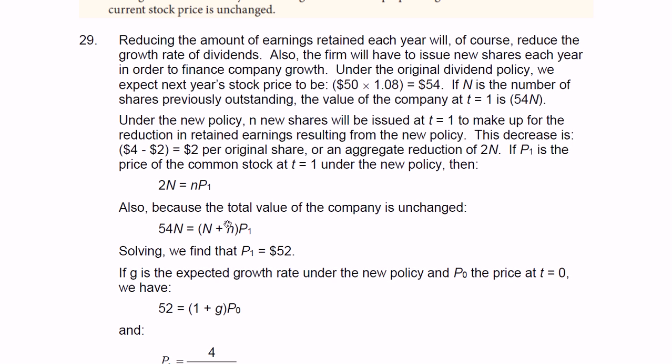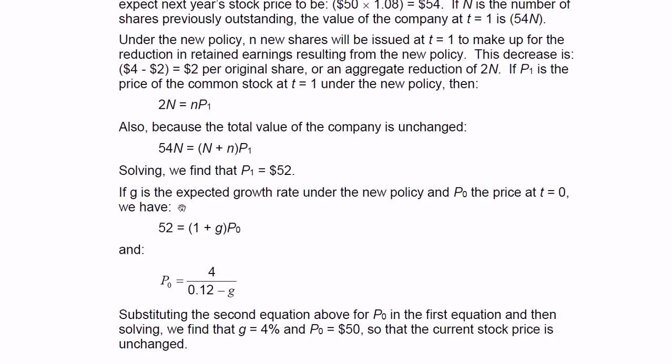But now we have issued small n new shares, so the new value would be capital N plus small n multiplied by the stock price. So we must have that the stock price should be 52.